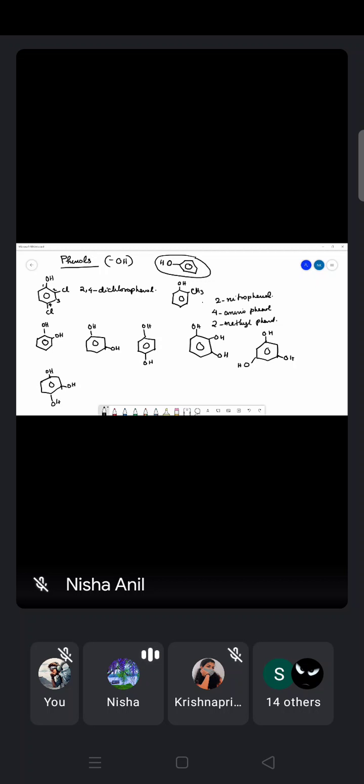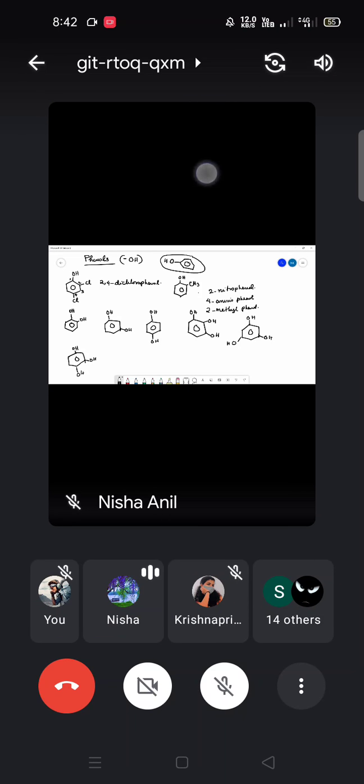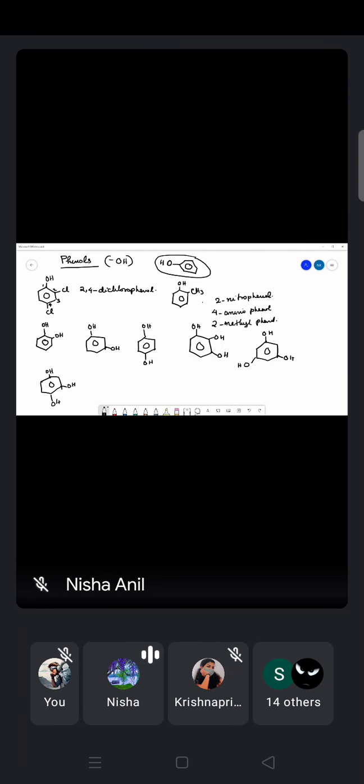So if we name this type of compounds, we will say hydroxybenzene. That is, this phenol is also known as hydroxybenzene.